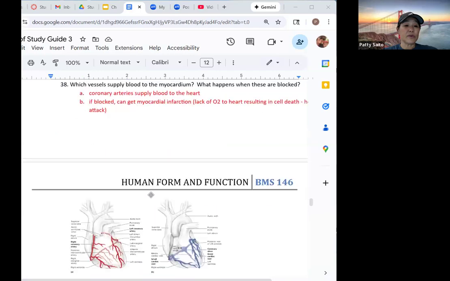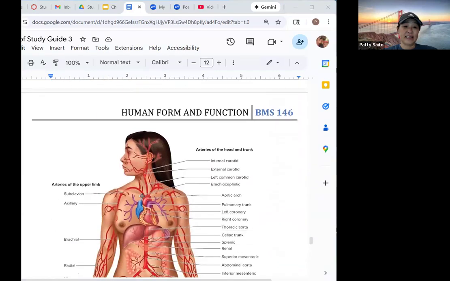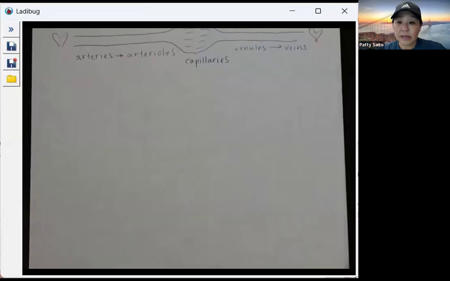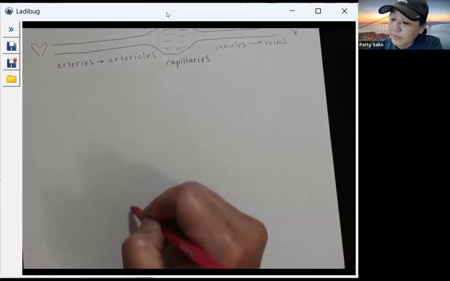So maybe, you know what? Let's draw. This is too hard to just point out where it is. Okay, so let me look at my list here. Let's go from the aorta. So we have the aorta.